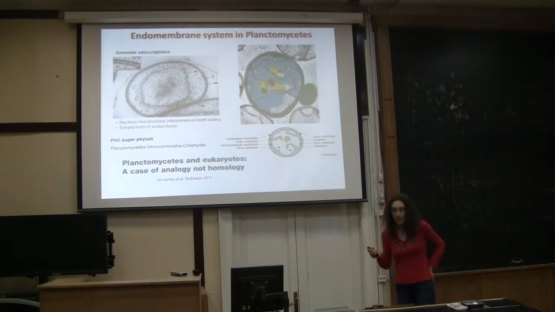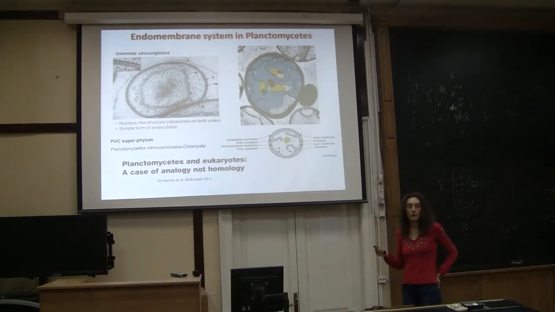However, some people, by analyzing the genes in the genomes of these planctomycetes in particular, have shown that there is no particular gene or gene content that relates the planctomycetes to eukaryotes, and that this is a case of analogy and not of homology.